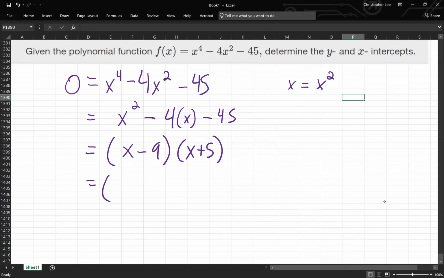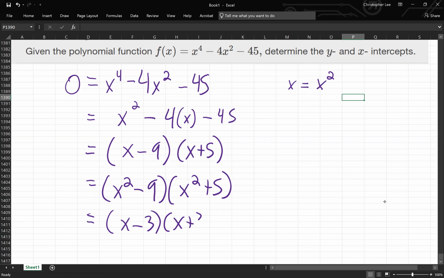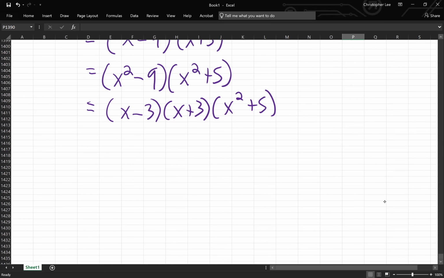So this becomes (x squared minus 9)(x squared plus 5). That's the difference of two perfect squares right there. Factor that out. So we have (x minus 3)(x plus 3)(x squared plus 5). Now we're back to what we had before. Set all of them equal to 0.